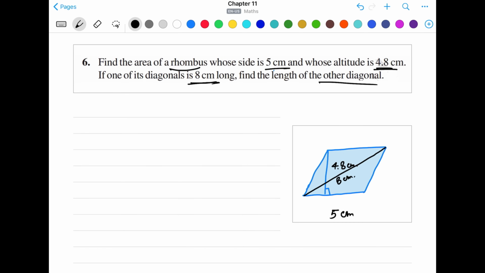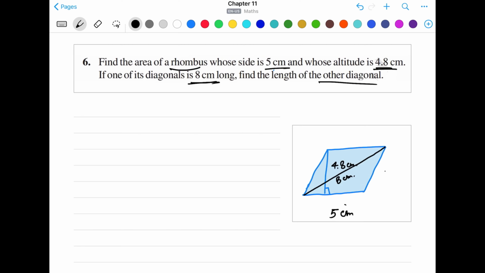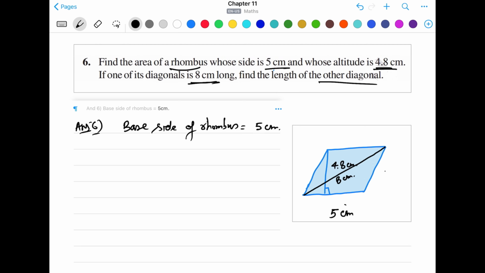Okay, so we are going to calculate this area using a formula which is base into height for a rhombus. So let's start first by writing the given information. We have answer number 6. What we are given here is base side of rhombus is given as 5 centimeter.